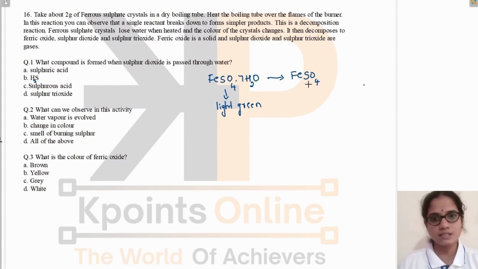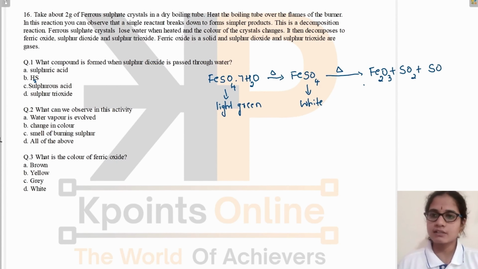Once it loses the water of crystallization, what happens? It forms white in color. Again, when you go on heating the ferrous sulfate, what happens? It undergoes thermal decomposition reaction to form ferric oxide plus sulfur dioxide plus sulfur trioxide. It is thermal decomposition. And it is also said that these two are gases.